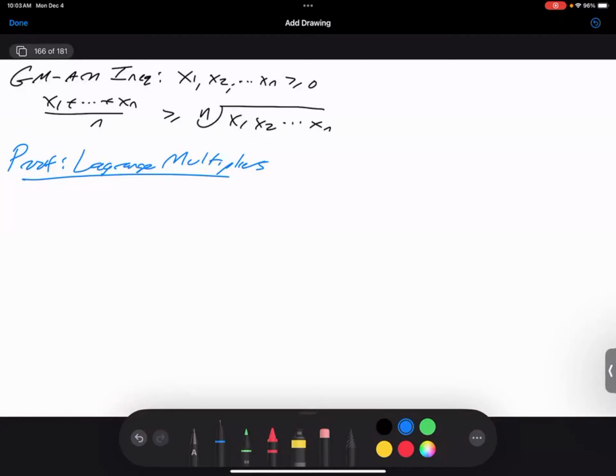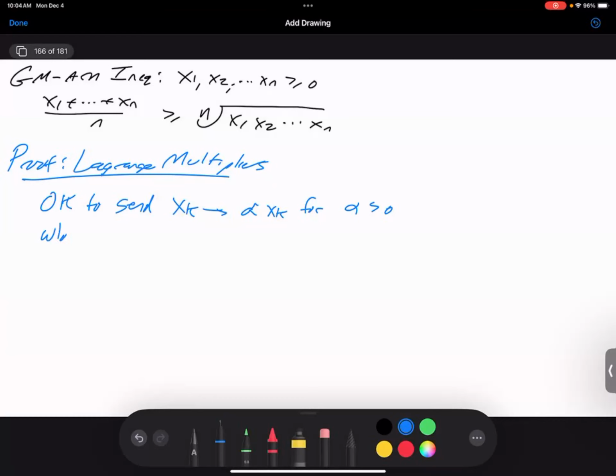Now, when you have something like this, note it's okay to send each xk to alpha xk for alpha greater than 0. If I rescale all the x's by alpha, the left-hand side rescales by alpha, the right-hand side rescales by alpha. So without loss of generality, I have some freedom.